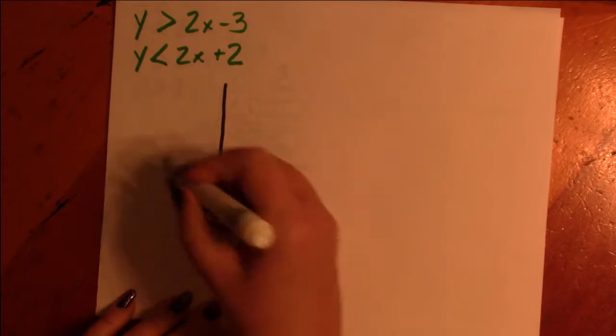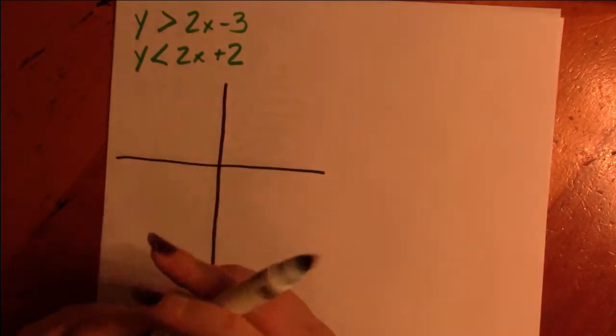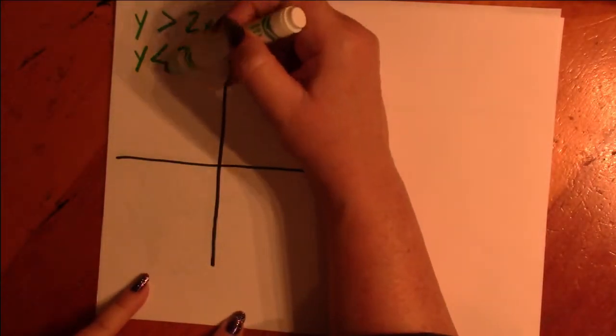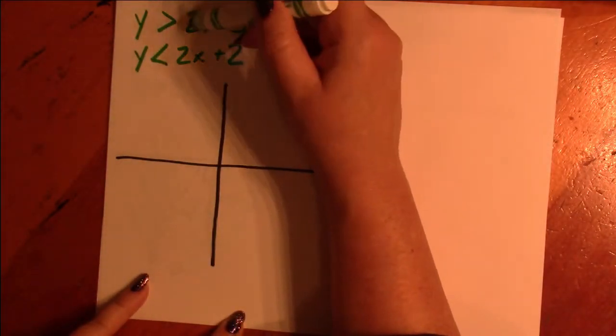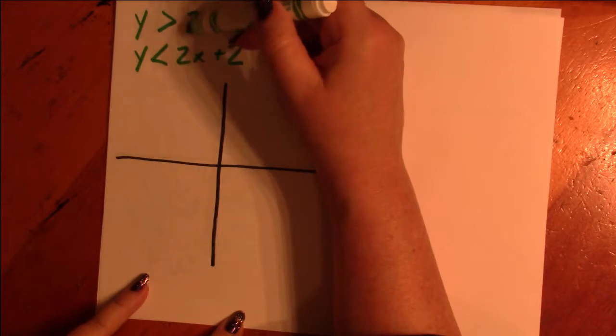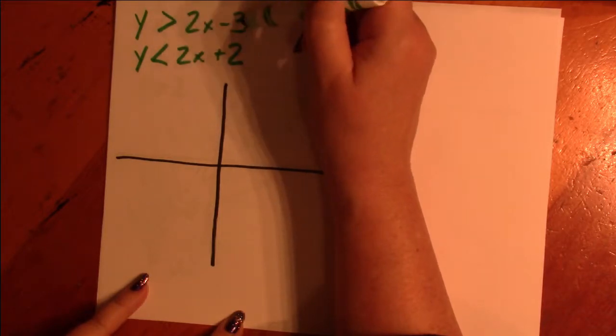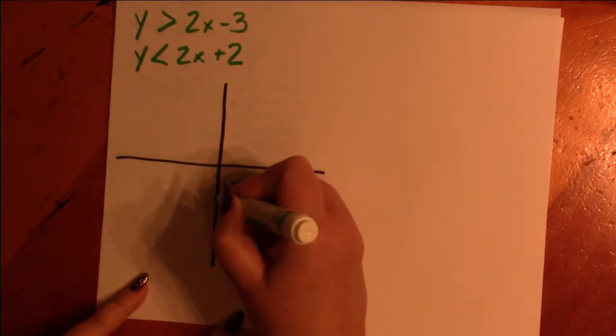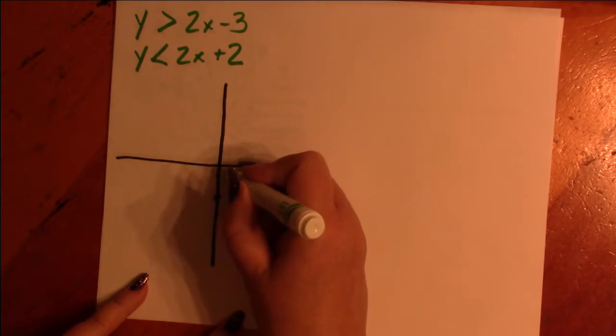I am slightly altering one of these so that you can have a different type of example. And I've switched these. So again, we've got parallel lines because the slope is the same, but the spot where they start is different. We're going to start at -3, and we're going to go up 2 and over 1.